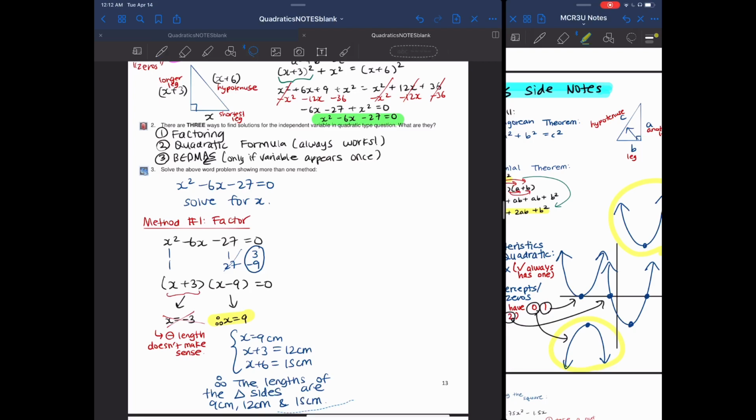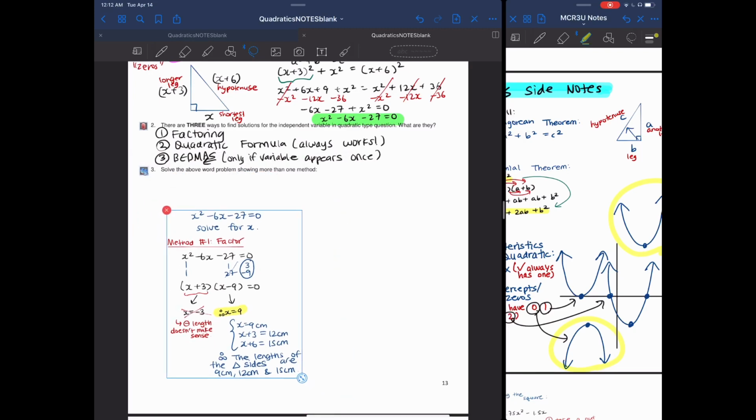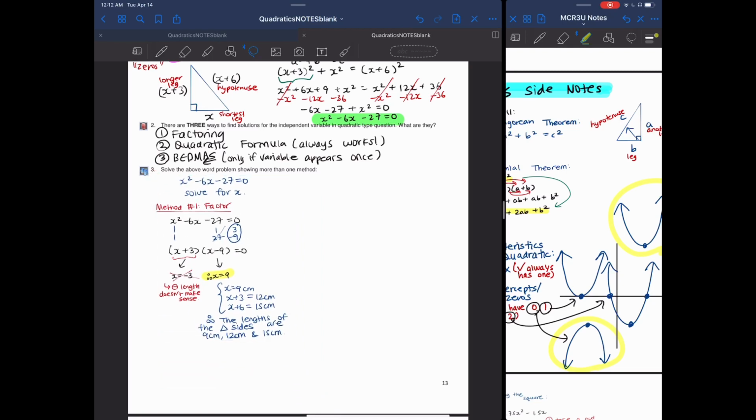Okay, just in case, we're going to go through the other methods because they've asked us to use more than one method. So method 2. Method number 2 requires us to do the quadratic formula. The quadratic formula is x equals -b plus or minus the square root of b squared minus 4ac, over 2a.